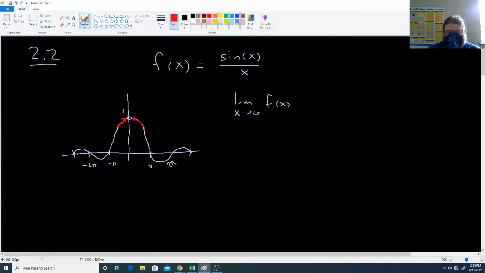We know there's an open circle here at 0, so we don't care about that for limits. We just want to say, as you approach from the left and as you approach from the right, what y value does your function approach? And in this example, the function is approaching 1, because this y value 1 is where the graph hits.